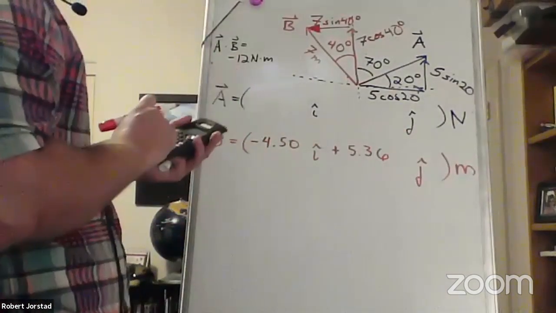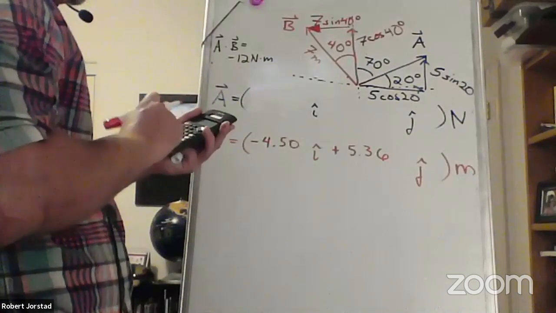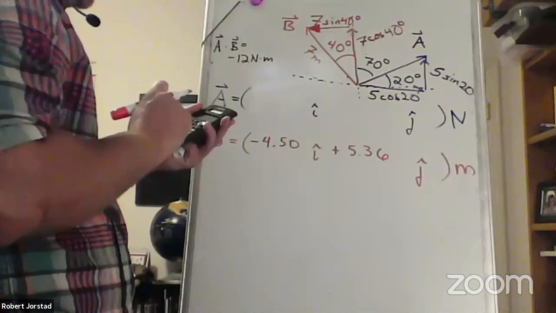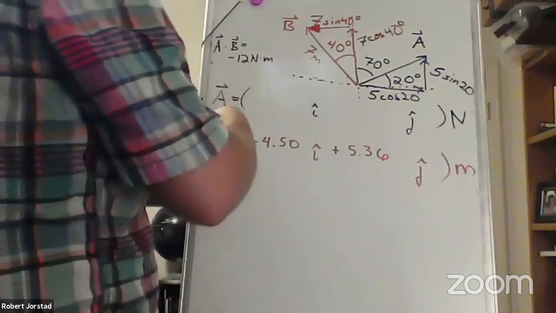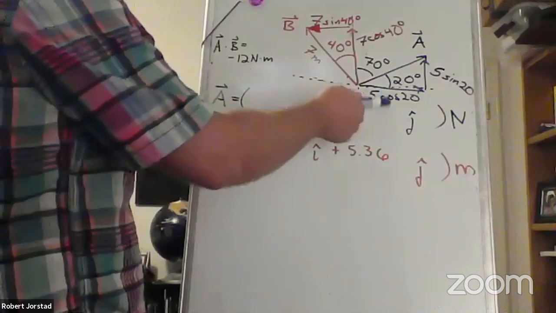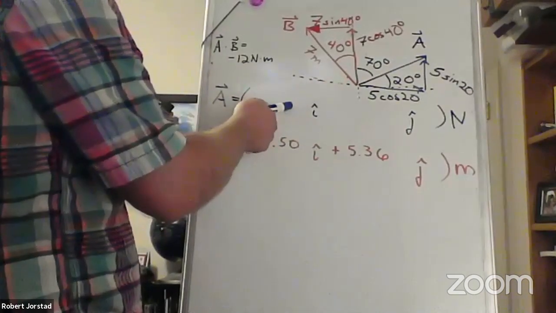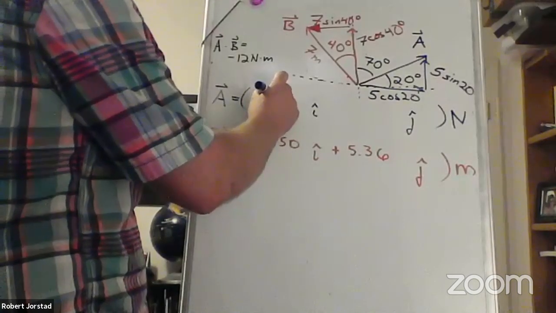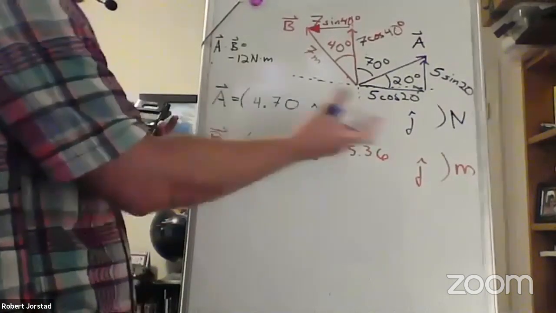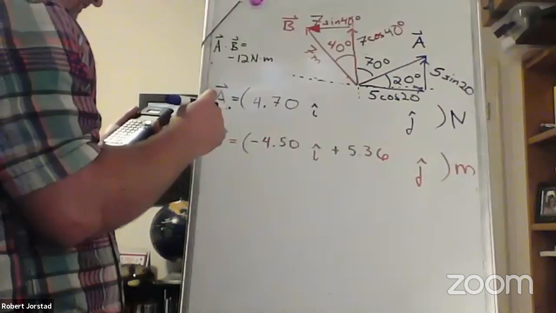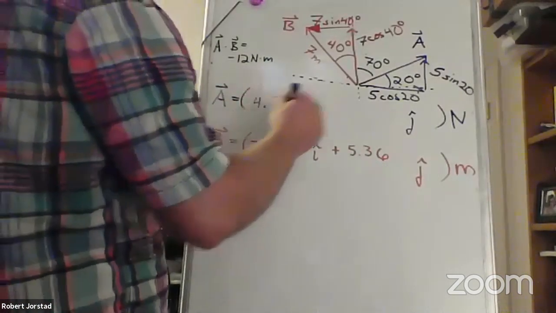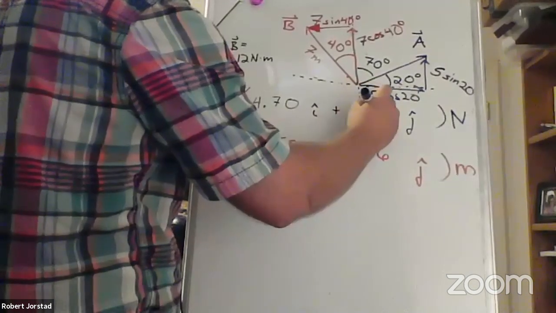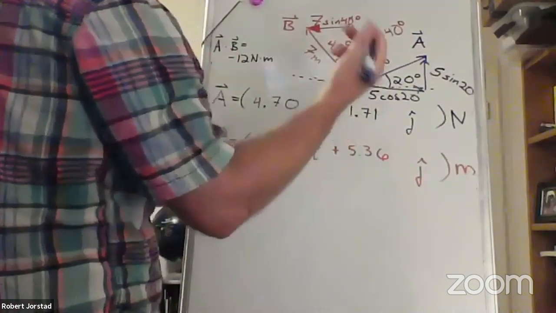A, cosine gets the x in this case, so that's I'm going to say about 4.70. Normally we would keep 4 sig figs, but I just don't have room, okay? They're both positive. Yeah, good enough.